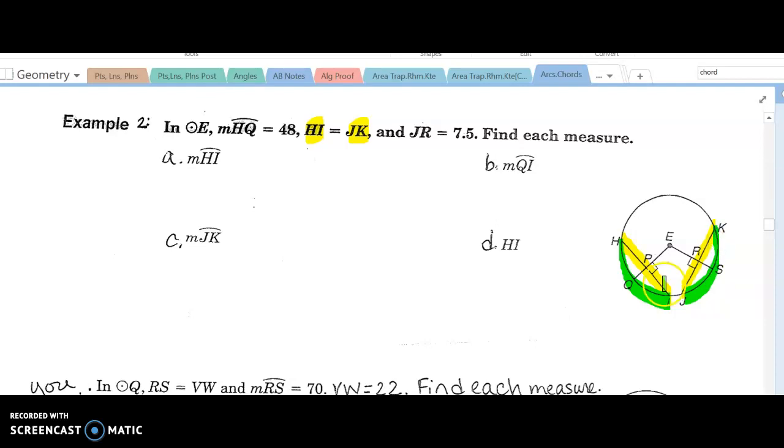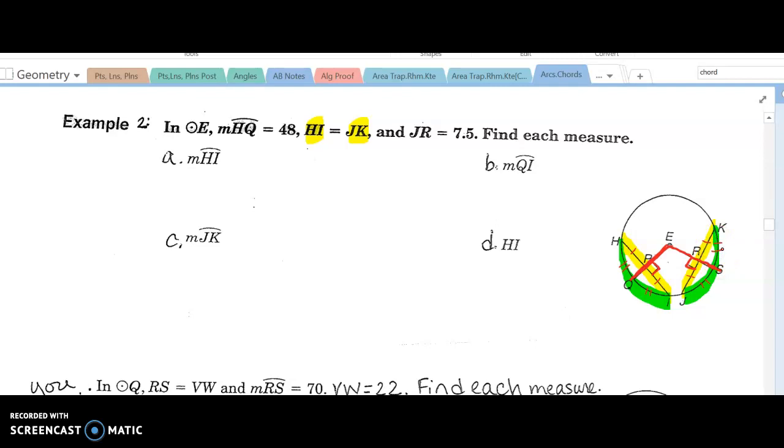So the yellow chords are the same, the green arcs are the same, length and degrees. The other thing I'm observing here is I have a radius that's perpendicular to this yellow chord, and I have a radius that's perpendicular to this yellow chord. And so our last theorem said if the radius or diameter has a box, then you automatically have ticks, and you automatically have ticks on the chord too.